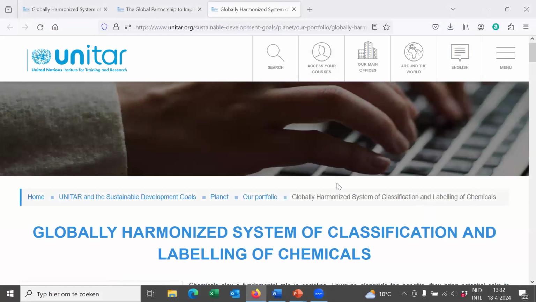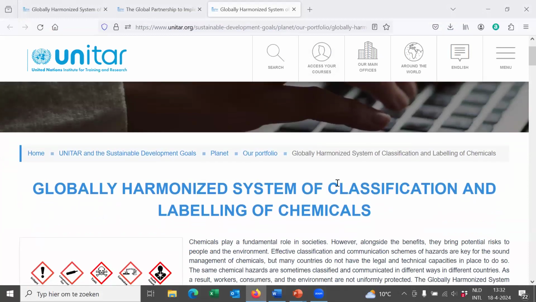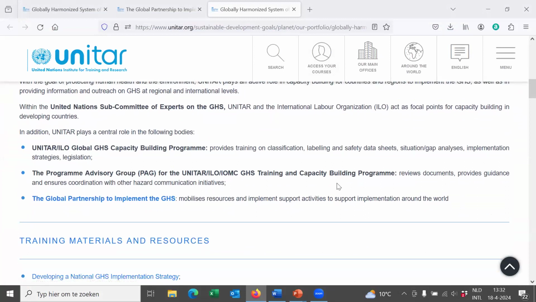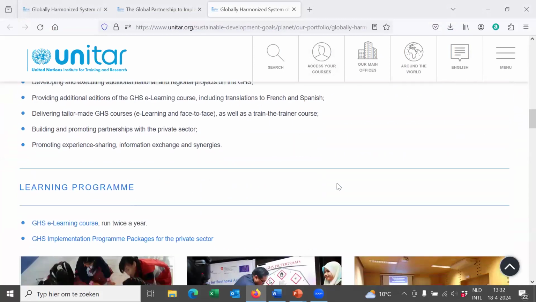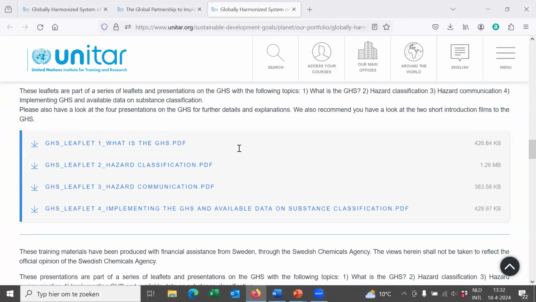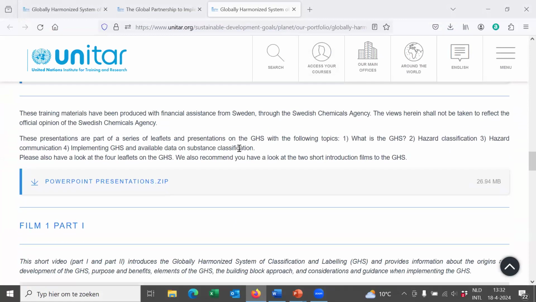Okay, so this is the GHS part of the UNITAR website. If you would like to go to our materials, you scroll down. First of course, you can read the GHS part, but you scroll completely down. And then you will find the leaflets. So here are the 4 leaflets. Just below, we have the PowerPoint presentations, which are in one file.